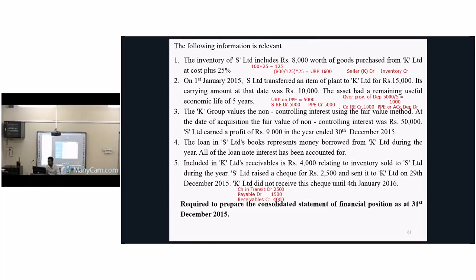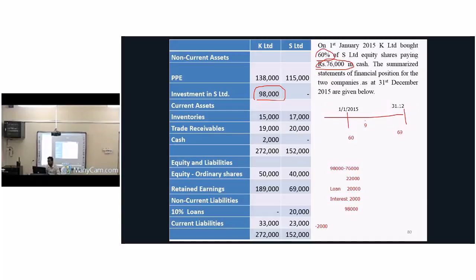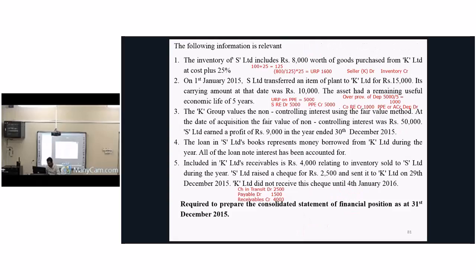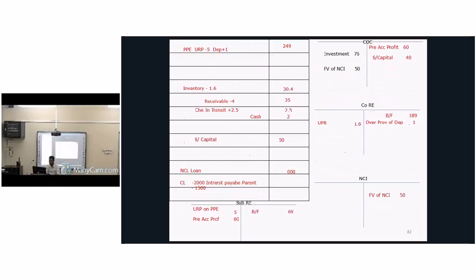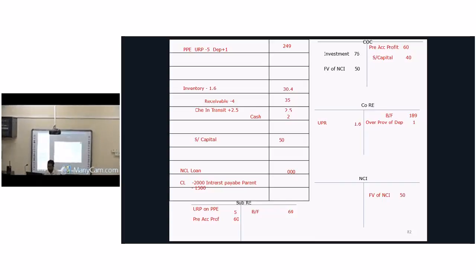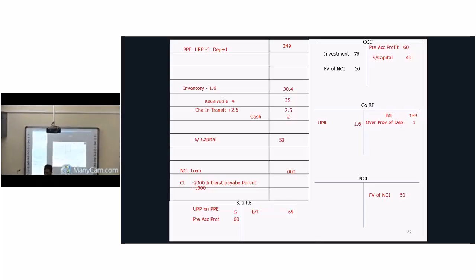Loan done, cancel. Current liabilities 33 plus 23, minus 2 interest receivable, minus 1.5 cancellation of trade receivables. Then the total will be 52.5.